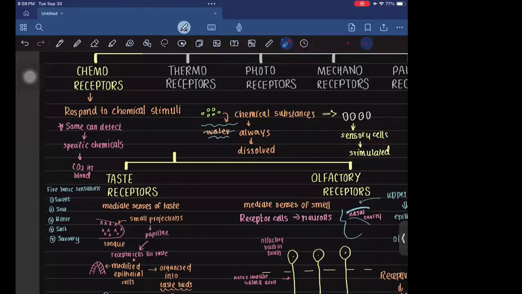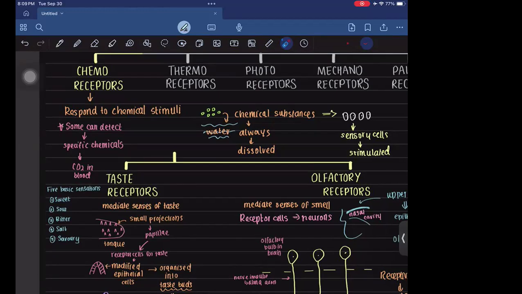For the sensory cells present in the receptors to get stimulated, these chemical substances which are going to be detected should always be dissolved in water. So that is a condition. In order to activate these sensory cells, the chemical substances which are going to be detected should always be dissolved in water.